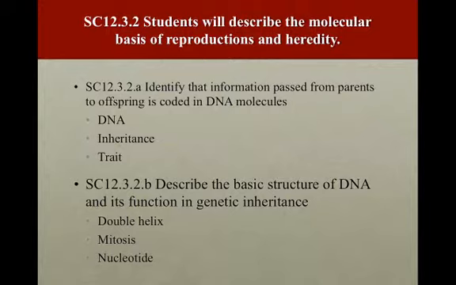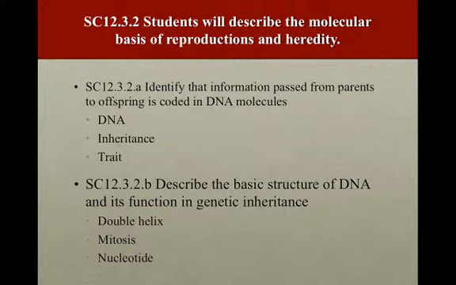A says identify the information passed from parents to offspring. Offspring is coded in DNA. We talked about DNA. Inheritance is just how that gets passed on, and the traits are the different parts of the genes that get passed on.